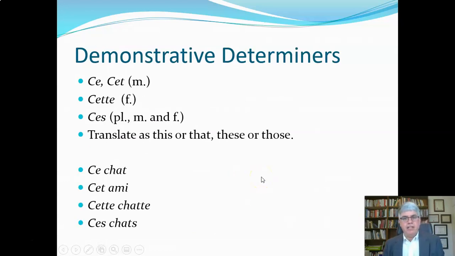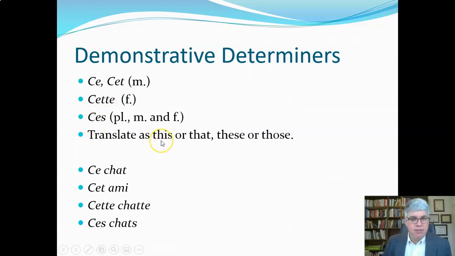Now let's go over the demonstrative determiners, or the demonstrative adjectives. And we've seen these before when we studied the little family of words starting with C. The masculine singular can be either ce or cet if it's in front of a vowel. The singular feminine is cette, and the plural, both masculine and feminine, is ces.